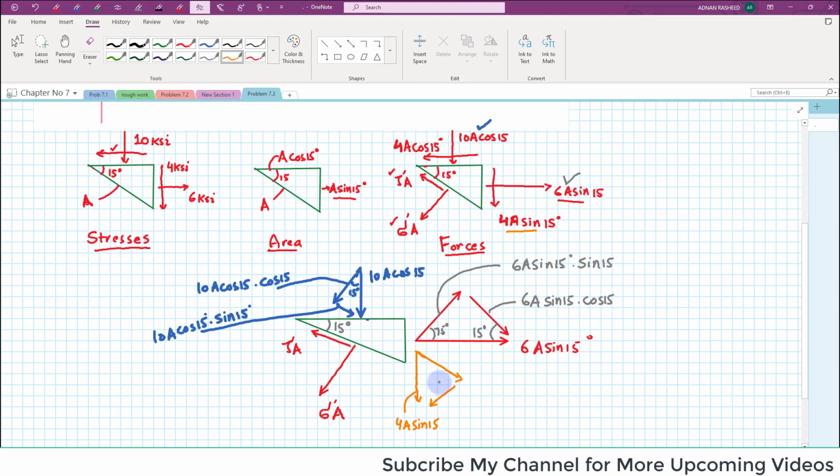You can see this force is perpendicular to this face, and this force is perpendicular to this face. So the angle between them is 75, and this will be 15 degrees, I think so.